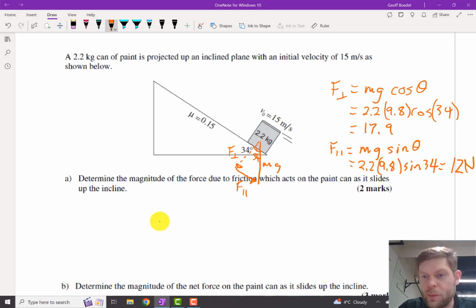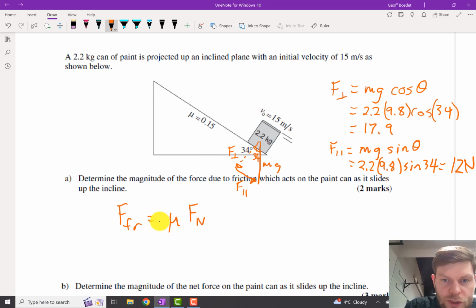So we're going to find the magnitude of force of friction. Force of friction is always just equal to mu Fn, which in this case, I'm going to component diagram this sucker, because this will be useful. So after it leaves the hand or whatever launched it up the slope, you've got normal force equal and opposite to the perpendicular component of gravity.